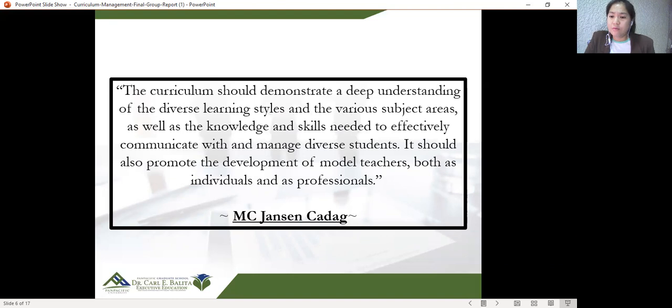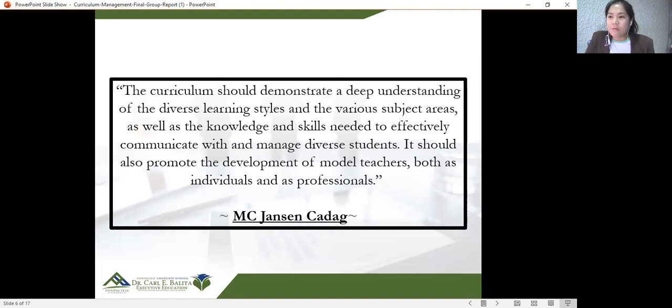The profiling would be the heart or the center of our planning. Part of this is that we're going to consider the diverse learning styles of our students, aligning with the various subject areas.